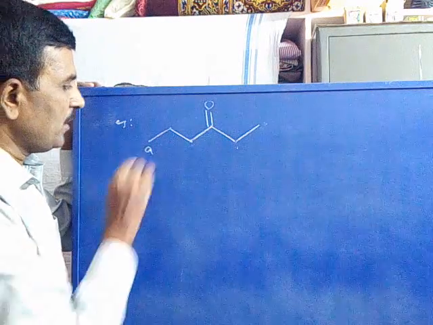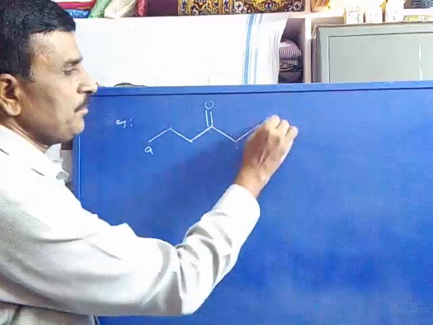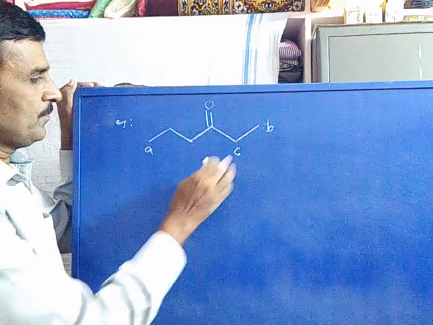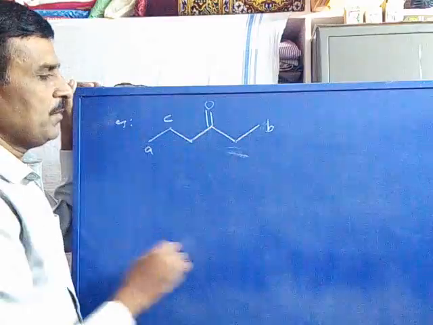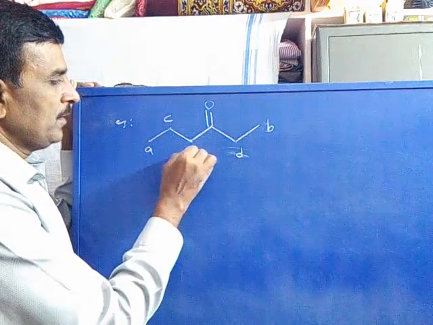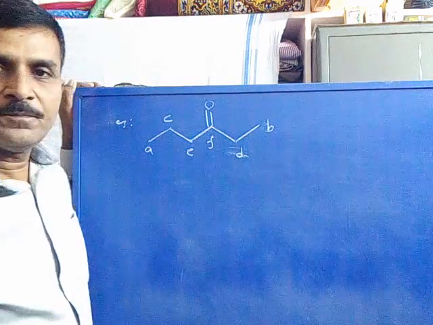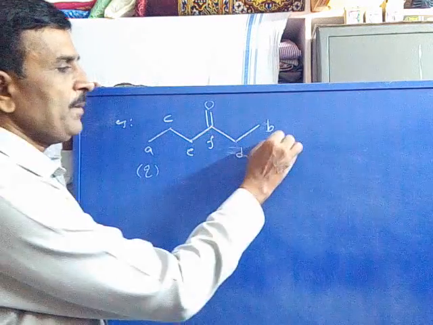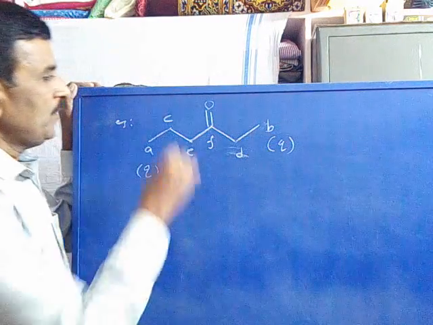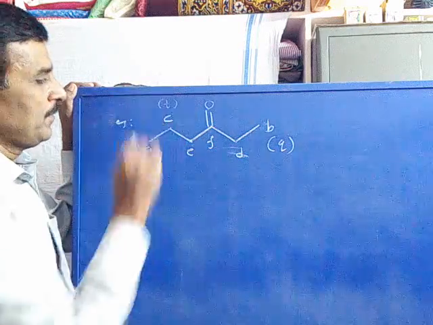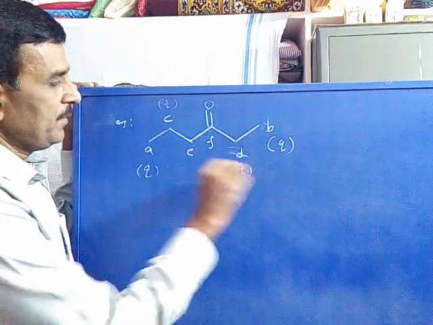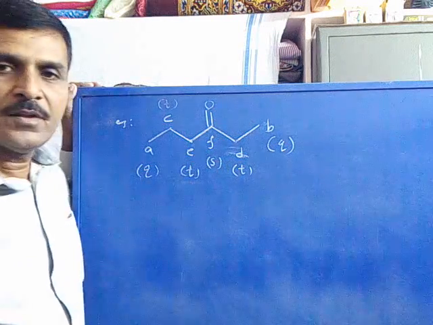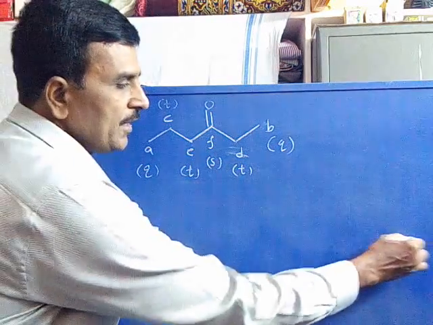This is A carbon, this is B carbon, this is C carbon, this is D carbon, E carbon, F carbon. A carbon quartet, B carbon quartet, C carbon triplet, D carbon triplet, E carbon triplet, F carbon singlet, because there is no hydrogen. It's an INEPT spectrum.